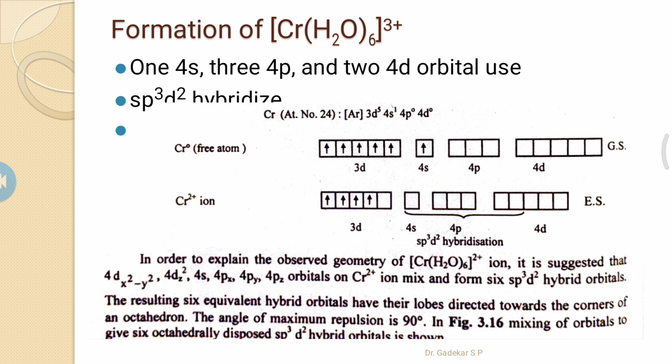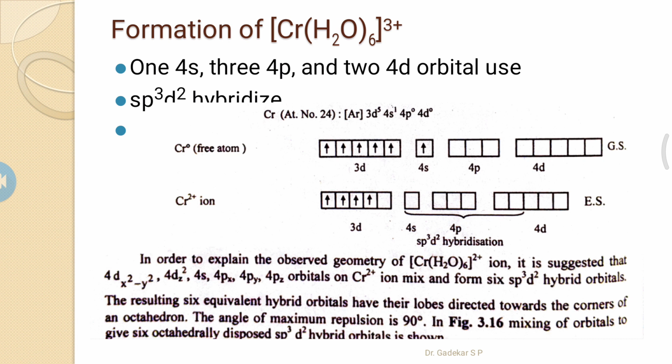Okay, it suggests that it involves dx square y square, dz square and 4s, 4px, py, pz orbitals on the chromium 2 plus ion, which mix and form 6 sp3d2 hybrid orbitals.